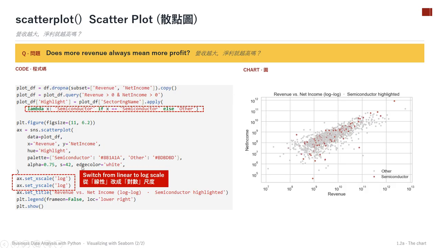Okay. So in here I just changed that. I want to define the ax. ax is just our scatter plot. But for our scatter plot, I want to define that their X scale and Y scale, all the things we want to change with a log. Maybe you only want to change one side, that is also acceptable. But in here, I want to change the two dimensions. So that will become these figures.